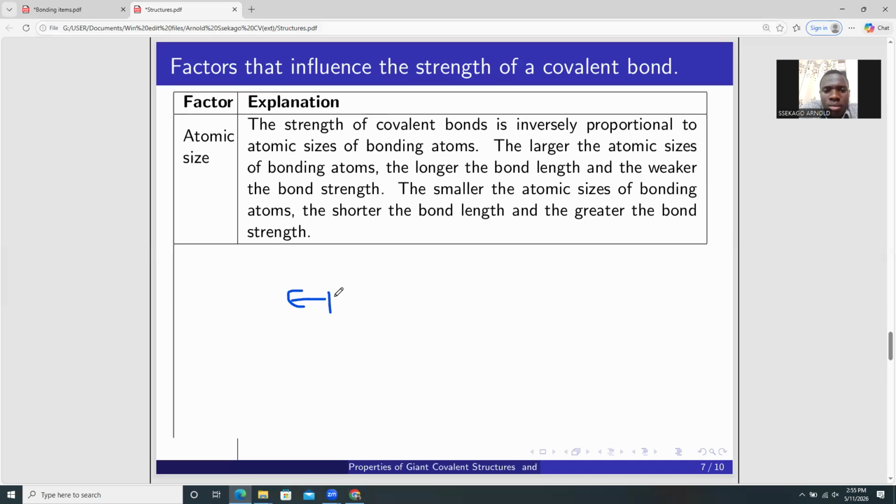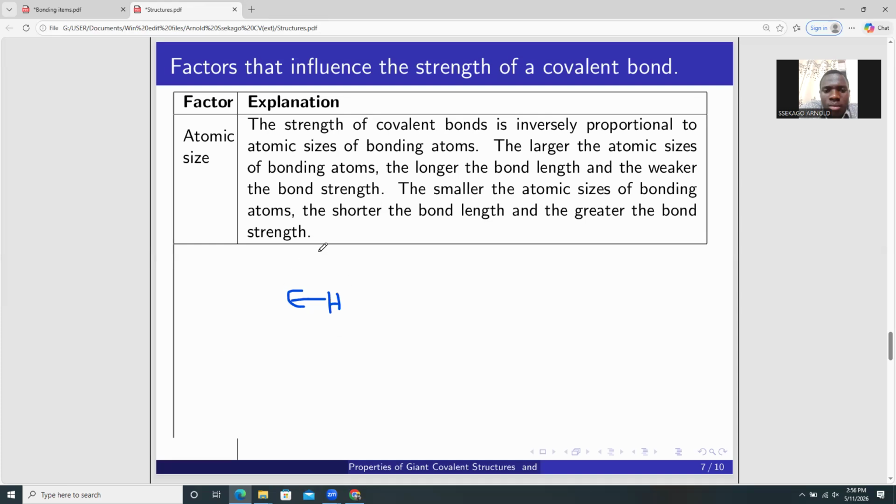For example, a bond between carbon and hydrogen, where carbon contributes one electron and hydrogen contributes one electron, so that we have one pair of electrons. So this is a covalent bond.